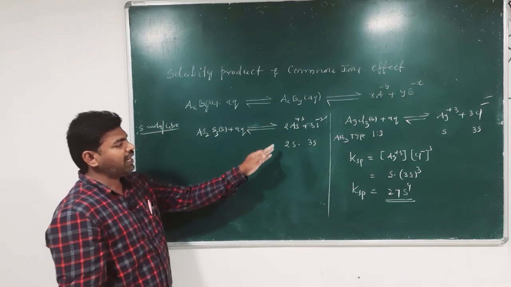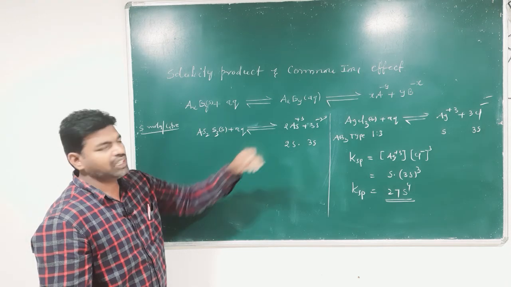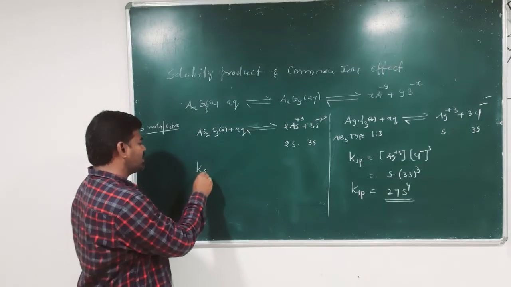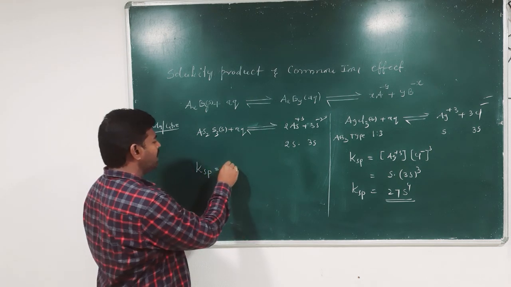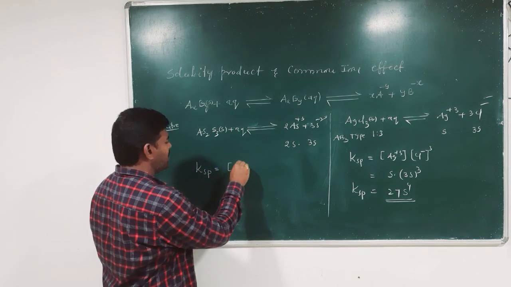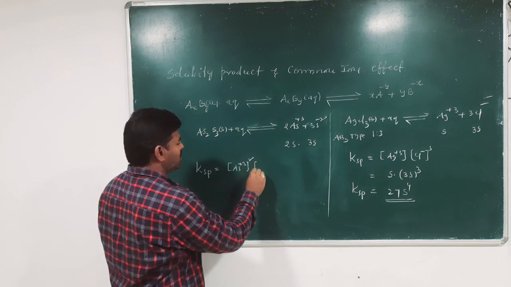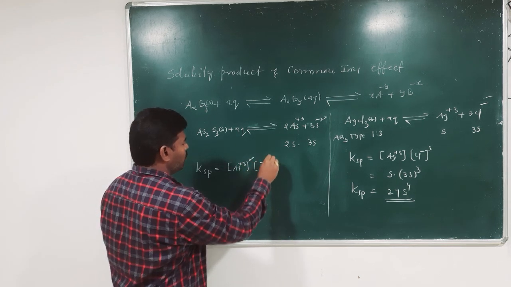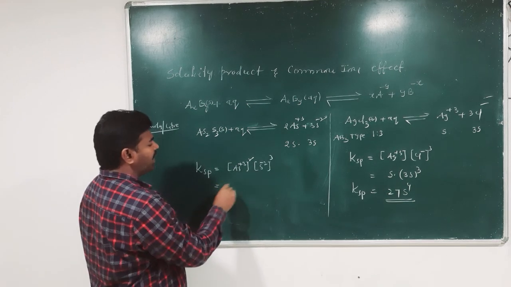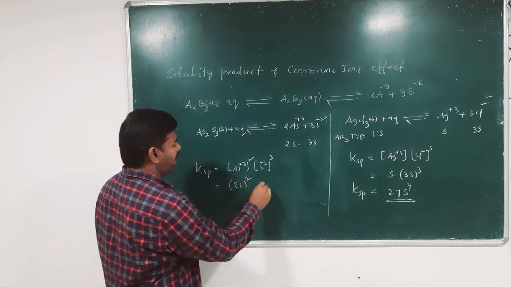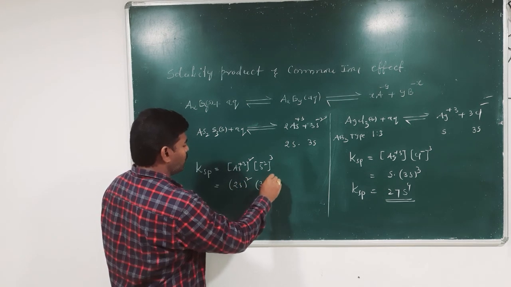I hope you can understand how these equilibrium concentrations came. So Ksp is equal to the concentration of As3+ squared and the concentration of S2- cubed, whose concentrations are (2S) squared and (3S) cubed.